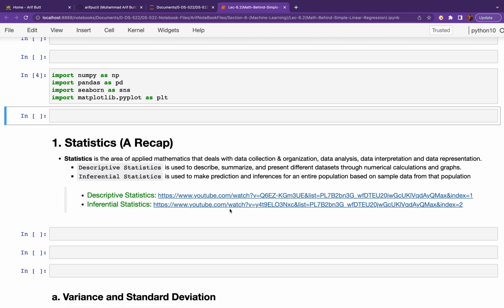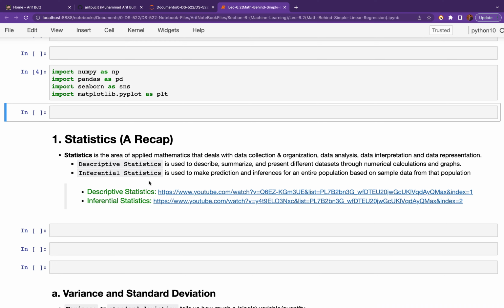Well, statistics is the area of applied mathematics that deals with data collection and organization, data analysis, data interpretation, and data representation. Descriptive statistics is used to describe, summarize, and present different data sets through numerical calculations and graphs. And on the contrary, inferential statistics is used to make predictions and inferences for an entire population based on sample data from that population.